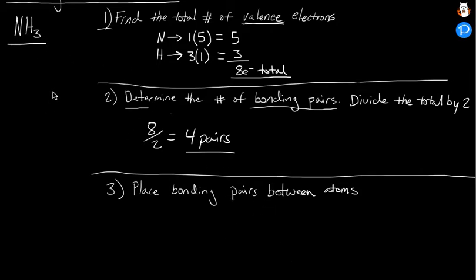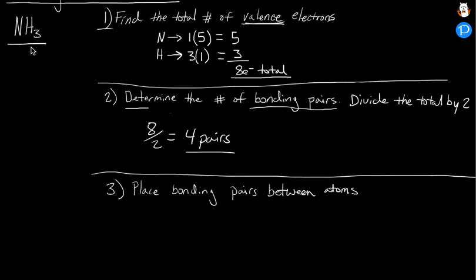For figuring out what atom goes in the center, typically it's going to be the one with the least amount in that molecule. That's not always the case. So nitrogen only has 1 atom, so it's probably going to be the central atom, surrounded by these 3 hydrogens.